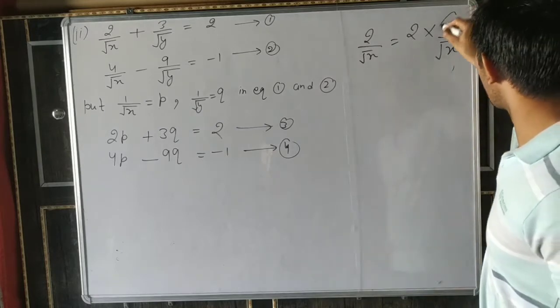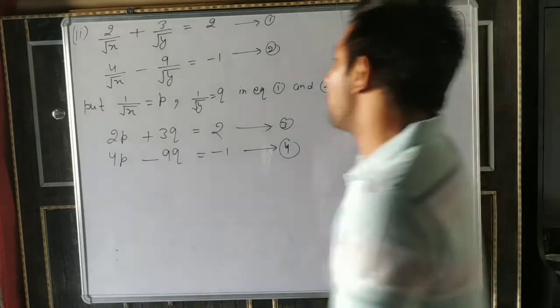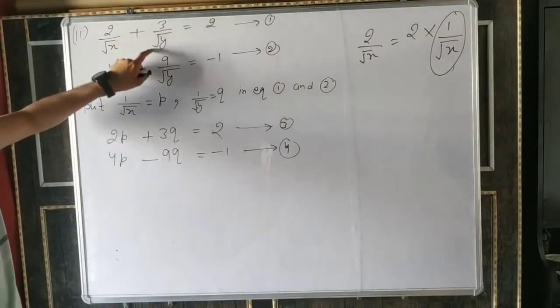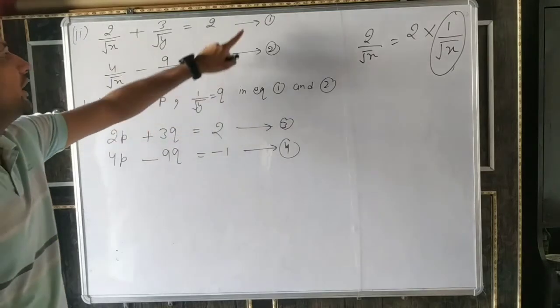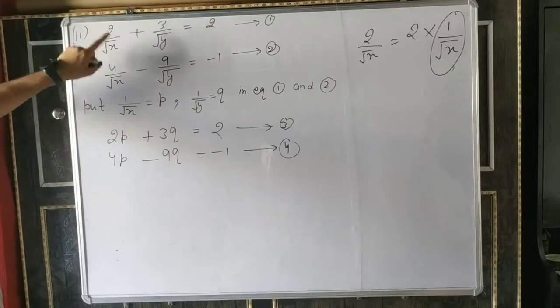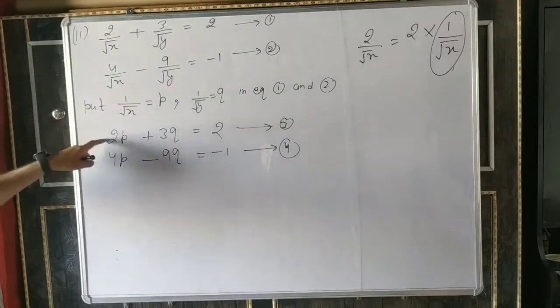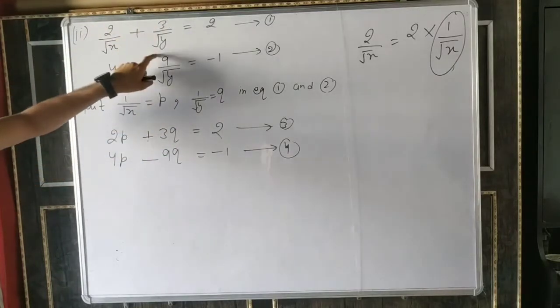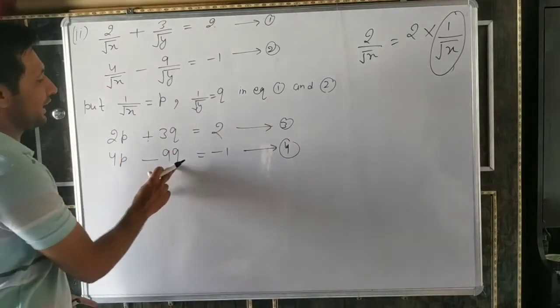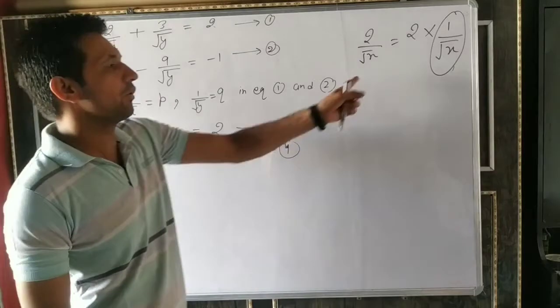So again we put 1 upon root x equal to p and 1 upon root y equal to q in equations 1 and 2. So we observe that it becomes 2p plus 3q equal to 2, 4p minus 9q equal to minus 1. You have to remember it.